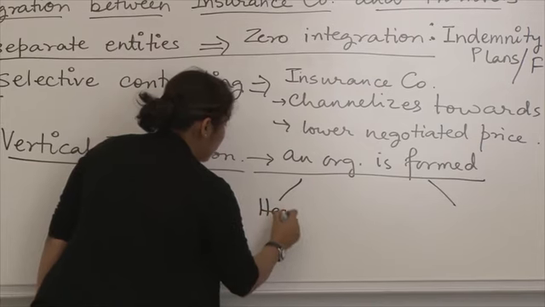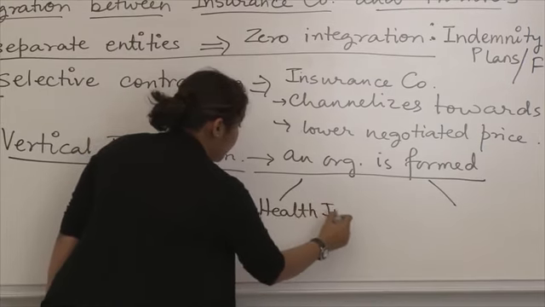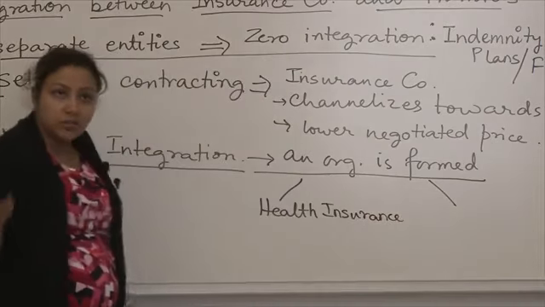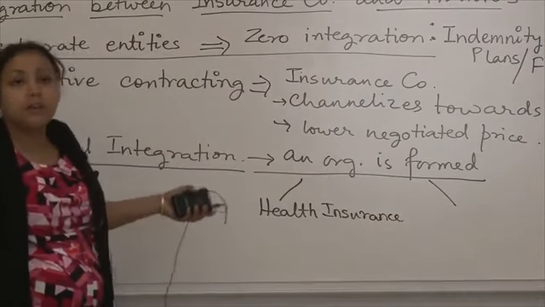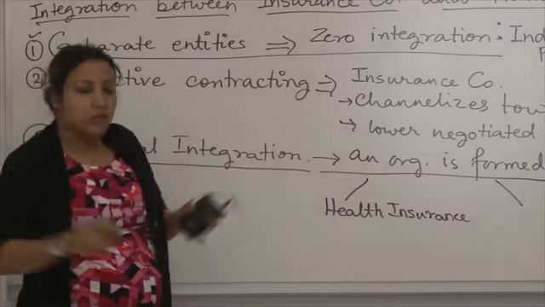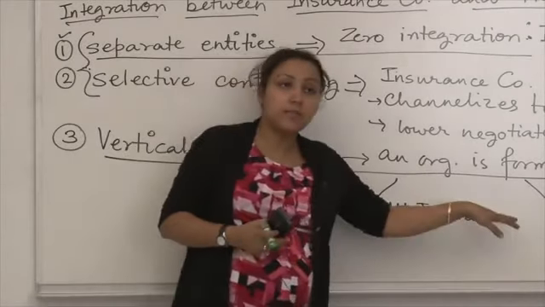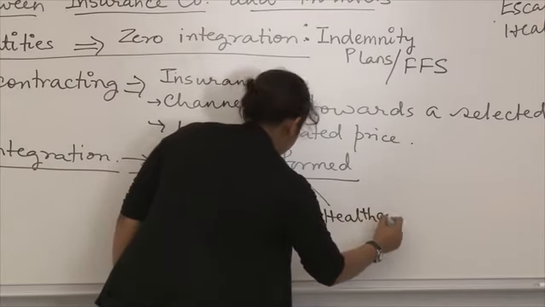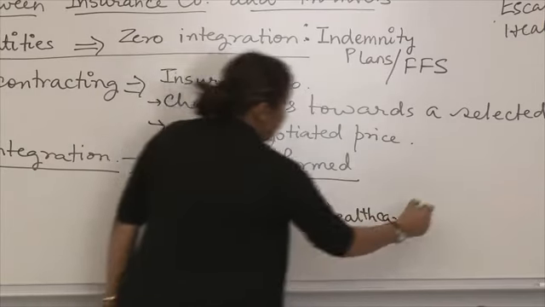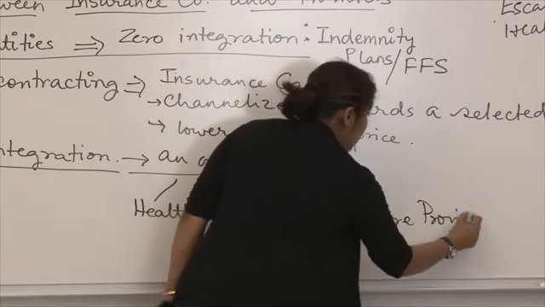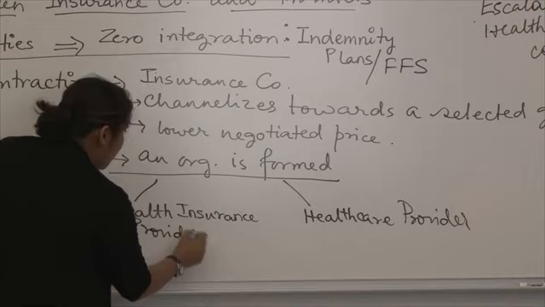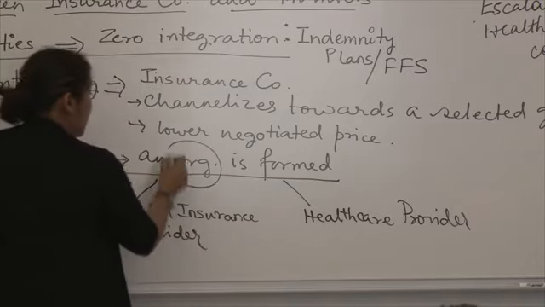One is the health insurance provider, or I cannot call it a health insurance company anymore because it's no longer a company, it's like a department within one company. So there is a health insurance providing department and there is a healthcare providing department. They are both part of the same parent organization. Okay?